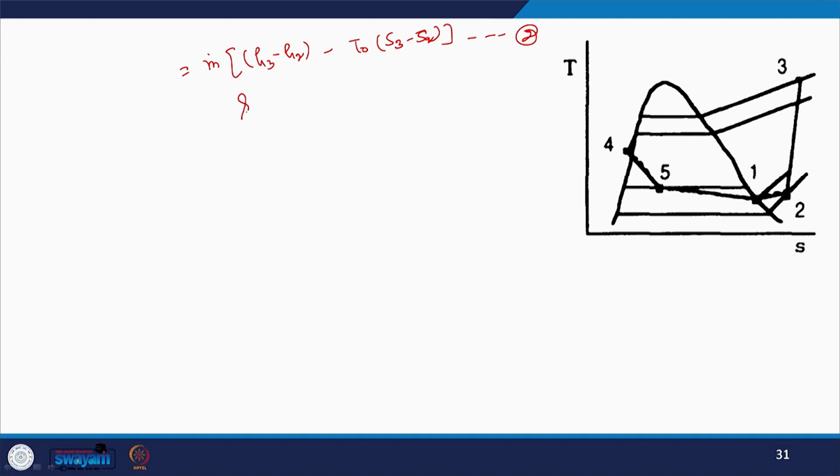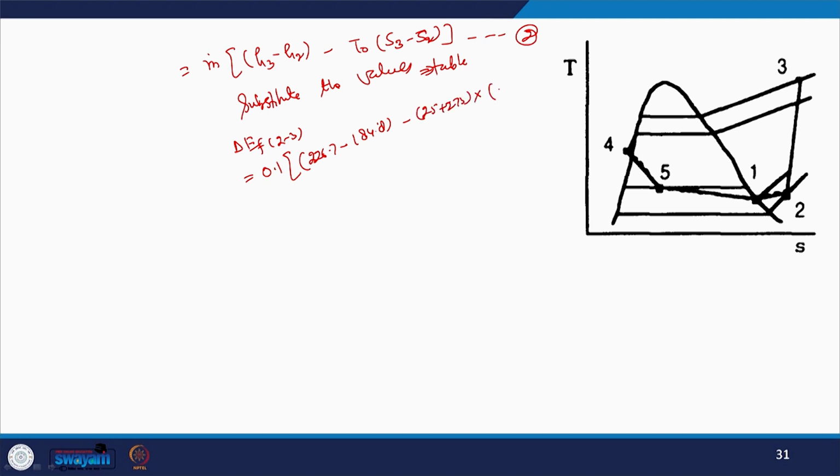Substituting the values given in the table, we have delta EF from 2 to 3 as 0.1 into (226.7 minus 184.8) minus (25 plus 273) into (0.741 minus 0.7324). So it comes out to be EF 2 to 3, 3.93 kilowatt.